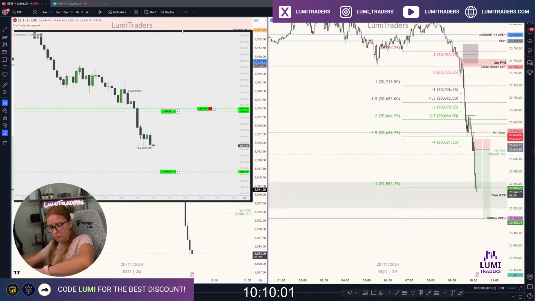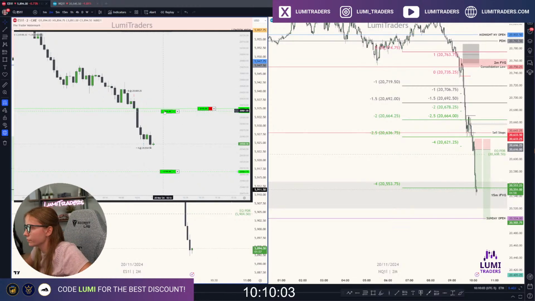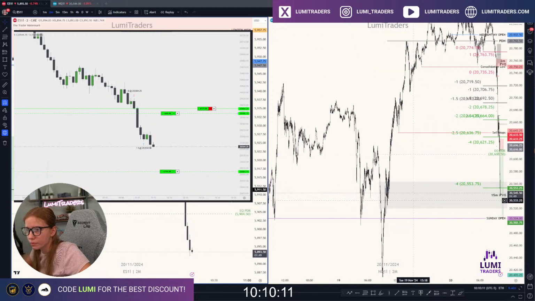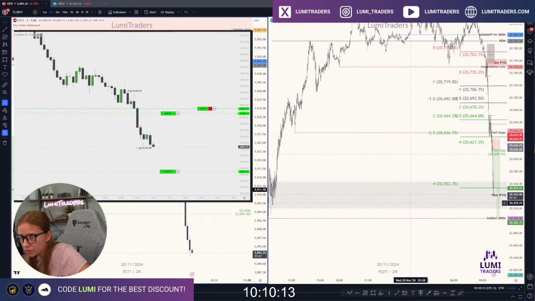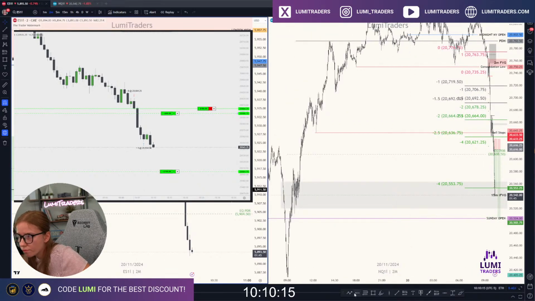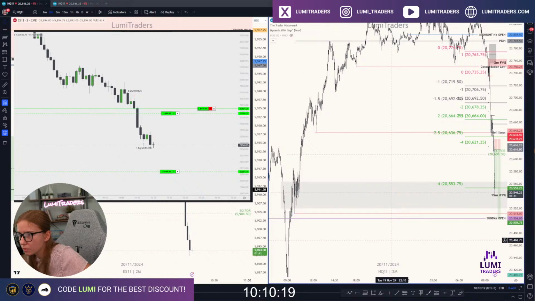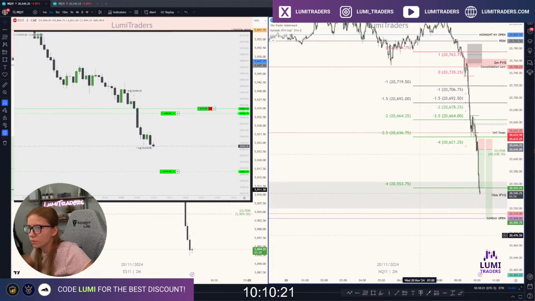Just 473. Any other liquidity levels where I can take partials, I guess? This one. What else?